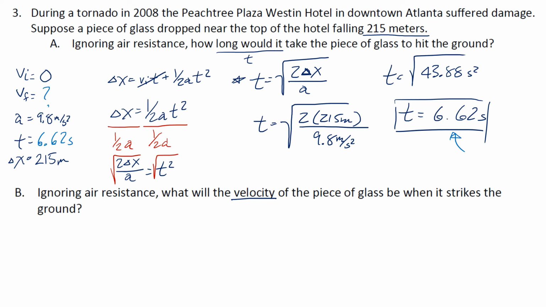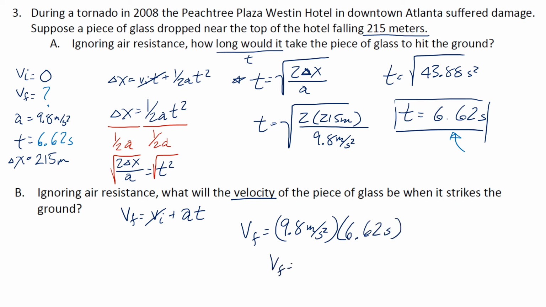So here, our equation, if you remember, is v final is equal to v initial plus acceleration times time, right? Again, v initial is 0. So that means v final is equal to the acceleration, which is 9.8 meters a second squared, times time. And our time, we just figured it out, is 6.62 seconds.